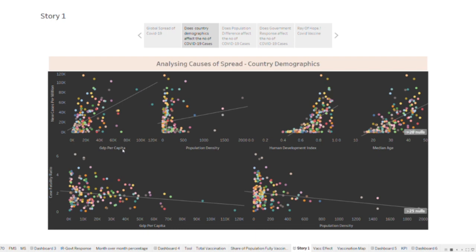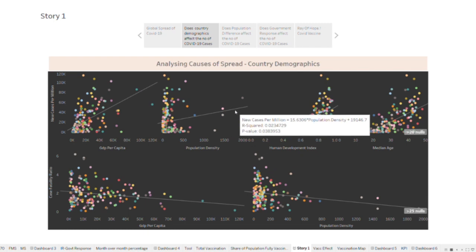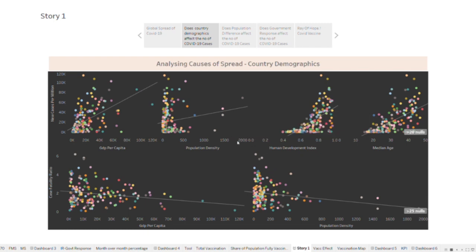This is a scatter plot showing how the total cases in different countries vary with respect to GDP and other country demographics. We can see that countries with higher GDP has higher number of cases, maybe because of greater mobility or social interaction in developed countries. And similarly, countries with a higher population density also has more number of cases, which is pretty intuitive.